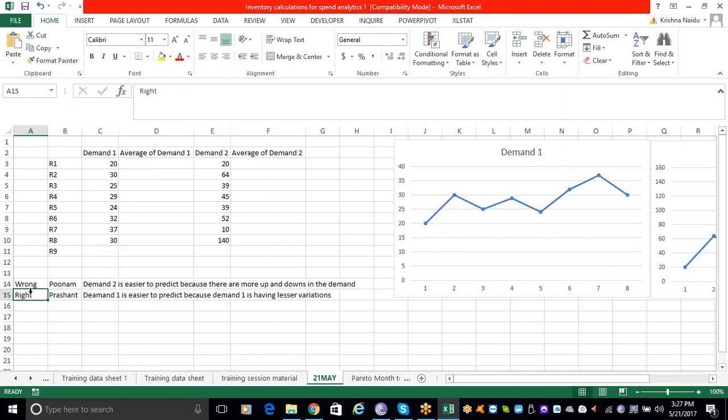It may decrease by 5 units. Okay, 5 units. So I'll say 25. Now tell me what will be the demand for R9 in the demand two scenario?